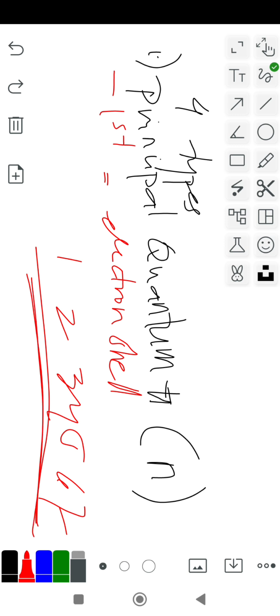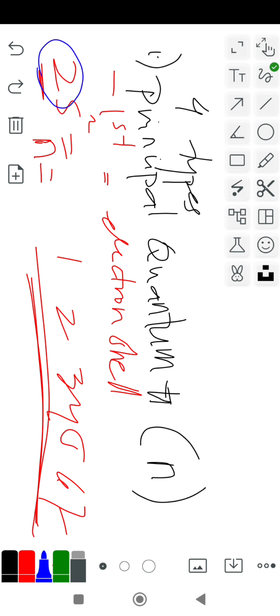We call this the principal quantum number. It ranges from 1 to 7. So, for example, if the electron shell is 2s2, therefore the principal quantum number, or n, is equal to 2.